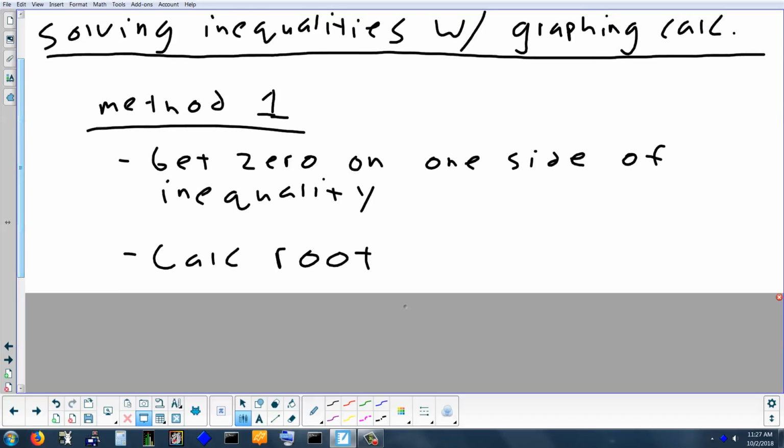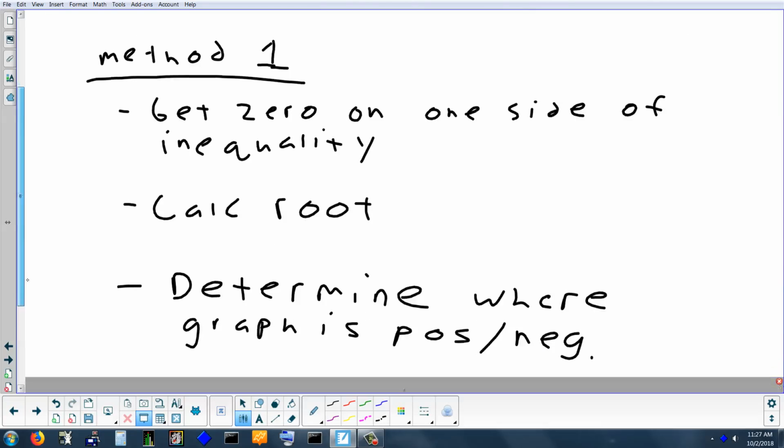The answer to an inequality is never x equals something. X equals is the answer to an equation. So once we have the root, it's usually going to be everything that's bigger than the root, or it could be everything smaller. Depends on the problem.